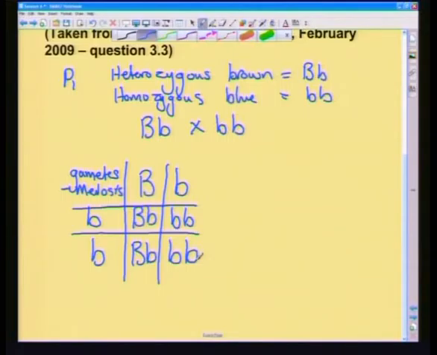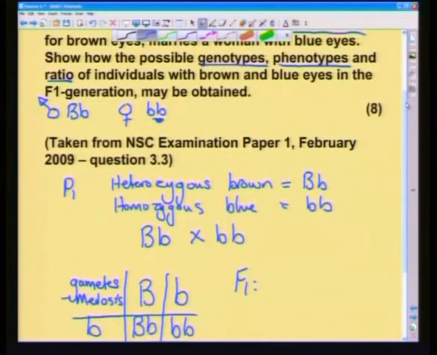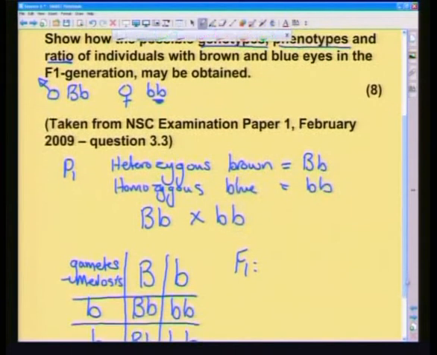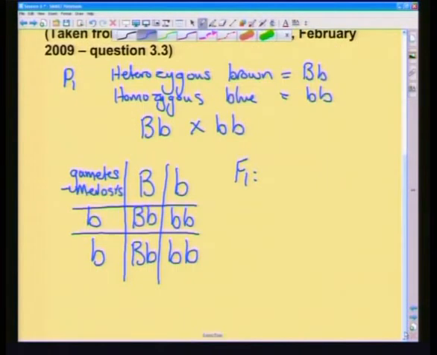So now, first thing you have to write is, in the F1, what are we going to have? Remember in the question, they asked us for the genotype, the phenotype, and the ratio. So if you get into the habit of writing it properly every time, it's not a problem. So we say genotype. What do we have in the genotype? In other words, the genetics. What are we going to have genetically, or two possibilities in this cross?